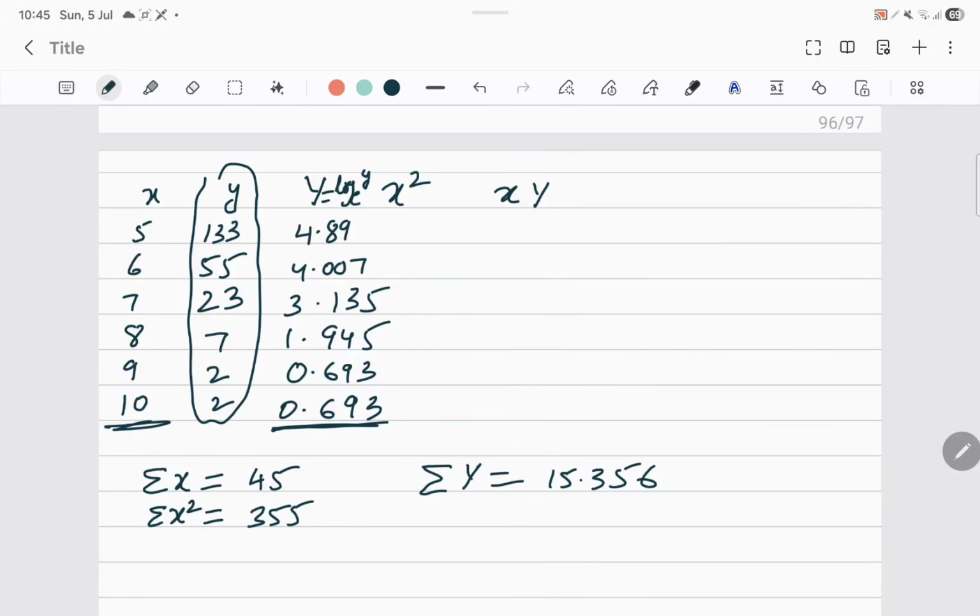Use the calculator. And then summation xy I will search. So summation xy is 99.12. Correct?